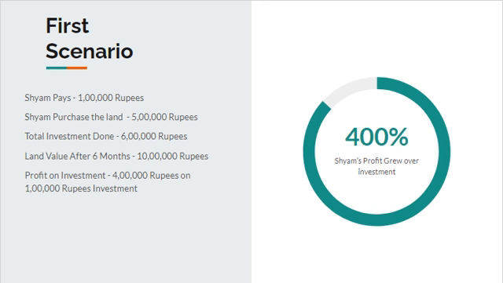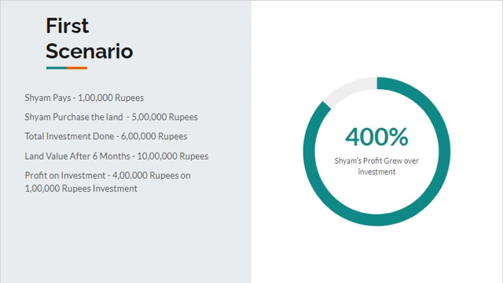First scenario: when this agreement has been made, the buyer paid 1 lakh rupees. Shyam purchased the land for 5 lakh rupees. Total investment here is 1 lakh plus 5 lakhs, equal to 6 lakhs. The land value after 6 months, as we assumed earlier, was 10 lakh rupees.